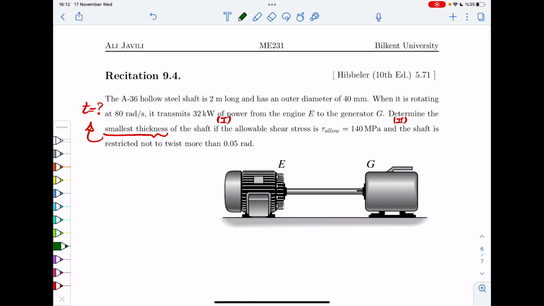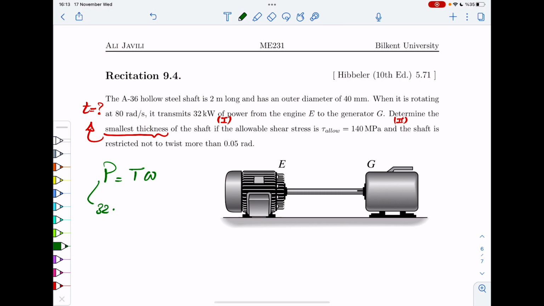Okay, the idea is very similar to what we had previously. So again, for this, we use our formula P equals T omega. Again, P of the motor is given. That is 32 kilowatt equals T times omega, that is 80 radian per second.